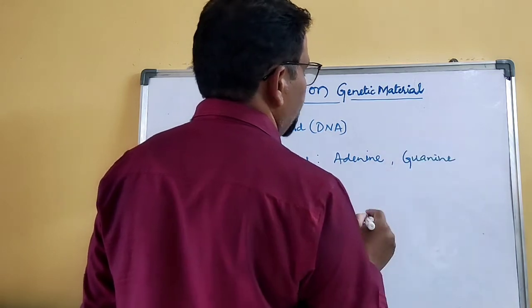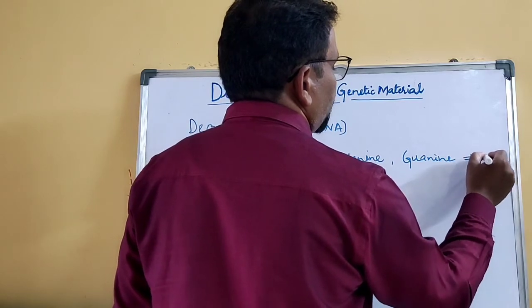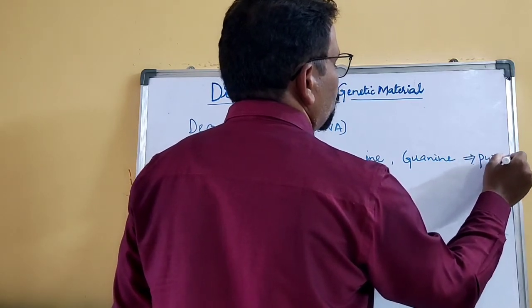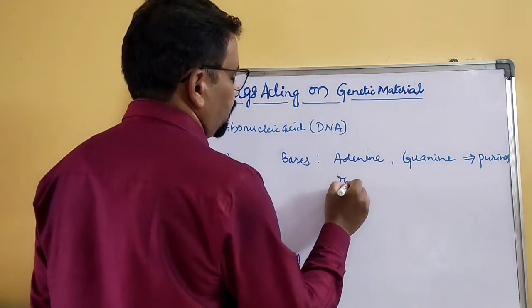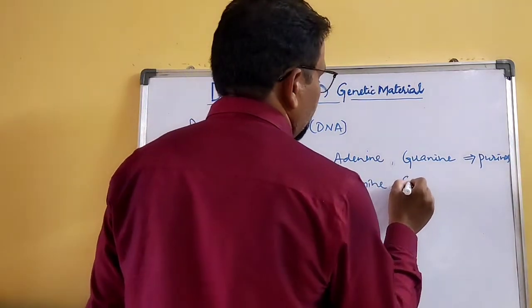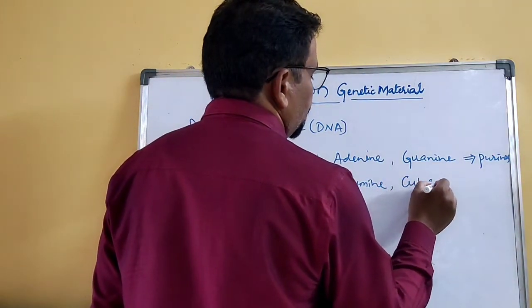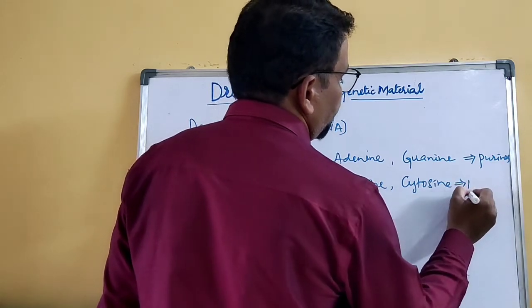These two bases are called purines. And thymine and cytosine, these two bases together are called pyrimidines.